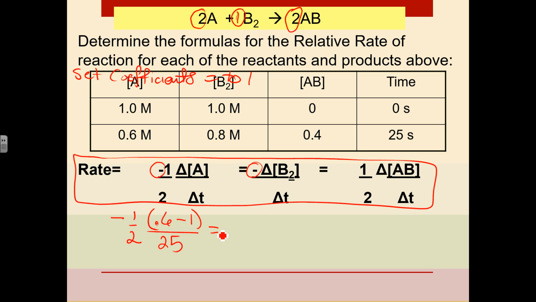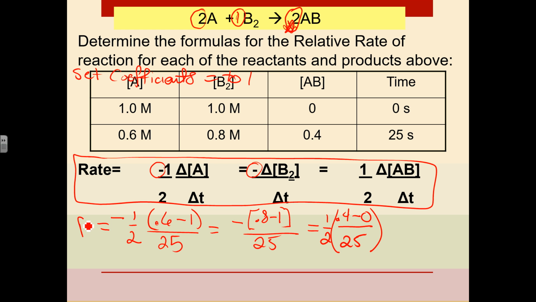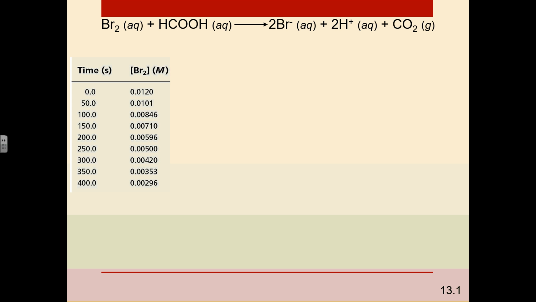That should be equal to, again a reactant, but this time we want to look at B. B is 0.8 minus 1 over 25, and then that should equal 0.4 minus 0 over 25. Remember, there's a 2 here, so we want to multiply this by 1/2. And all of these will now give the same rate of reaction. So it's just setting them equivalent to one another.